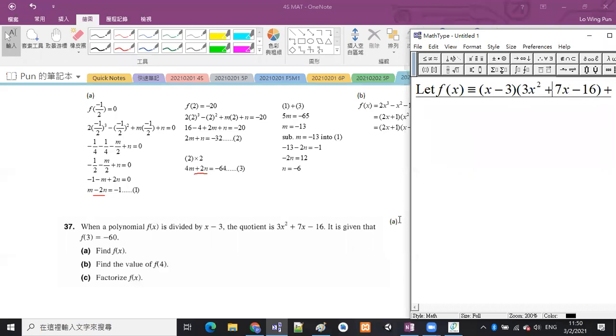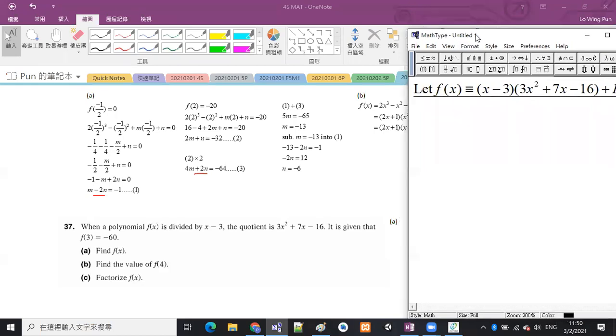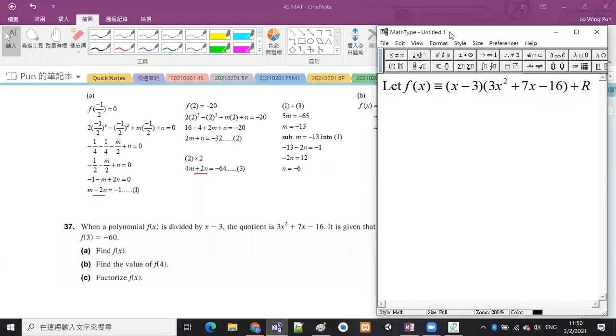The divisor is x minus 3 this time, which means the highest power of x is 1. So it is of degree 1, which means that the degree of the remainder should be degree 0. And degree 0 is just a constant term. So that should be equal to r. Just write an r, or a k or an A will be okay.